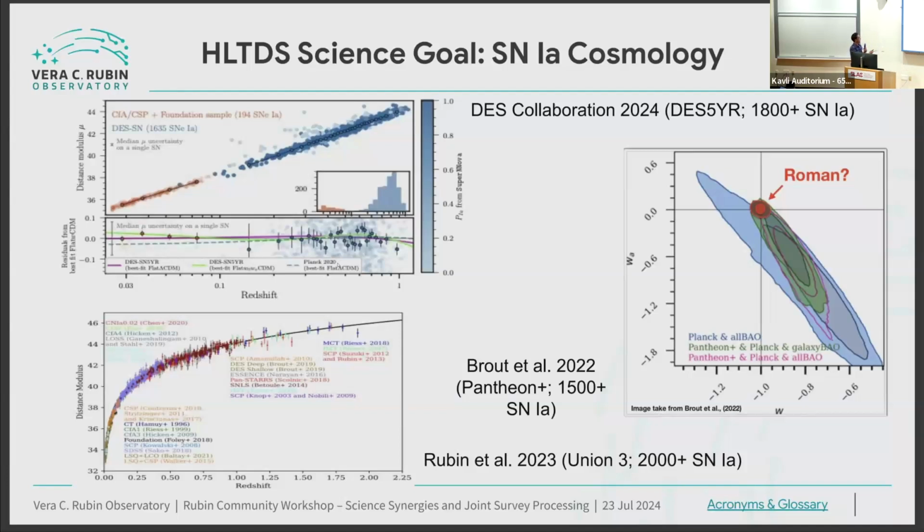So look at this Hubble diagram on the bottom left, and you can see exactly where the data are sparse in this redshift region here, redshift above 1, and this is exactly where Roman can shine, and that's the main goal of the high latitude time domain survey.